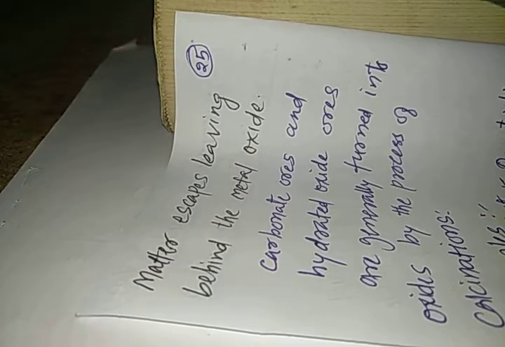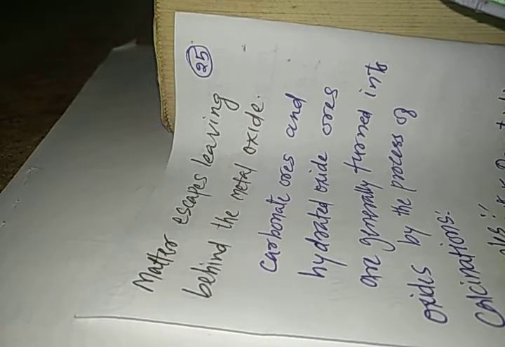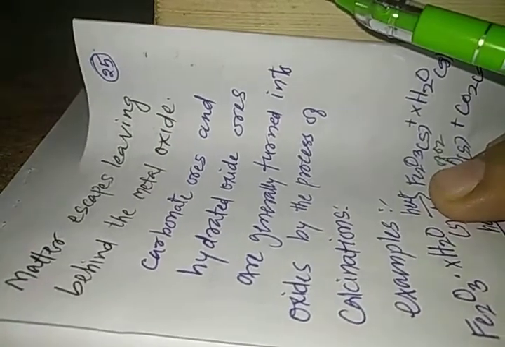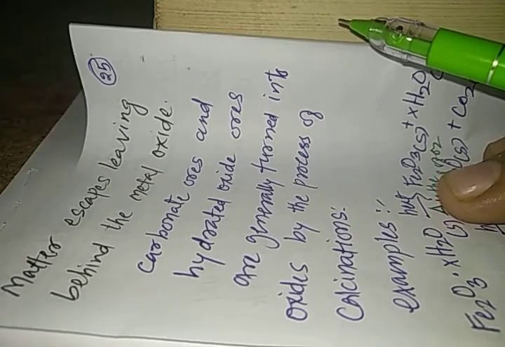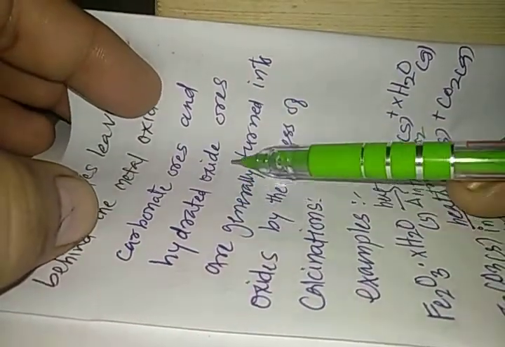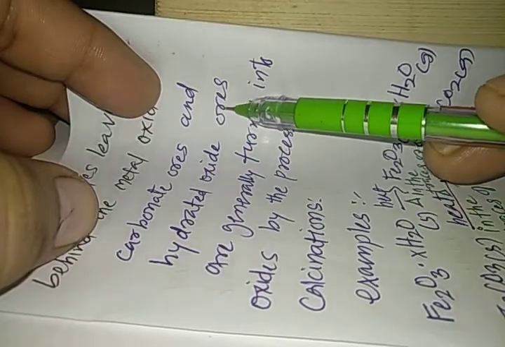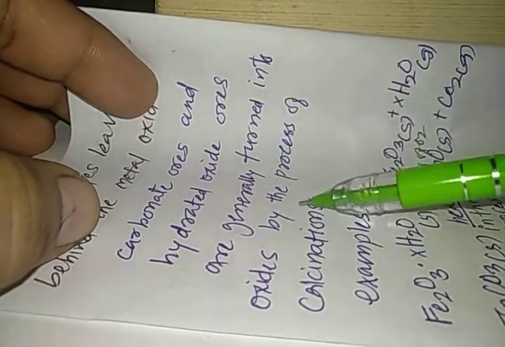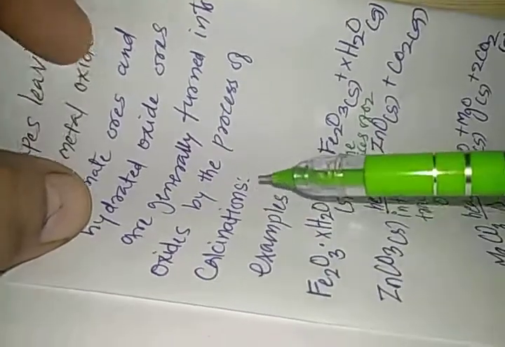In other words, calcination is the process of removing the volatile matter by heating it in the presence of traces of oxygen, or even in the absence of oxygen. Carbonate ores and hydrated oxide ores are generally turned into oxides by the process of calcination.